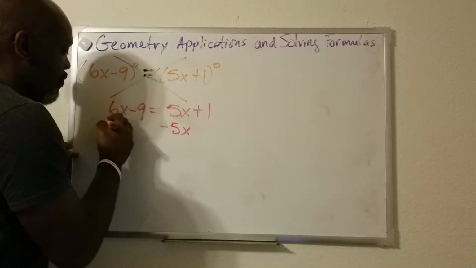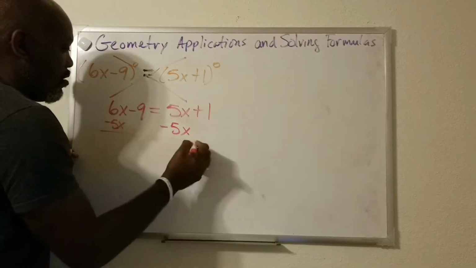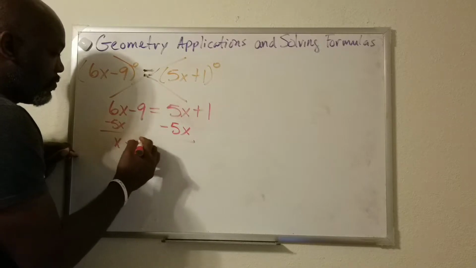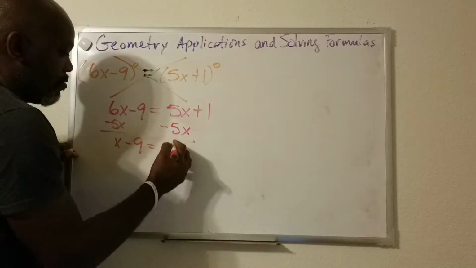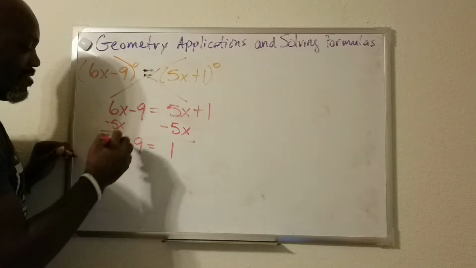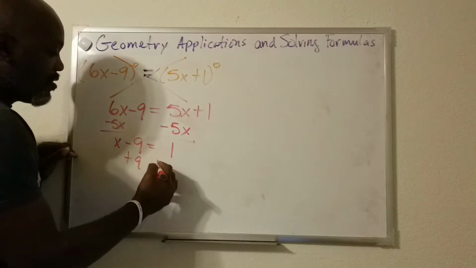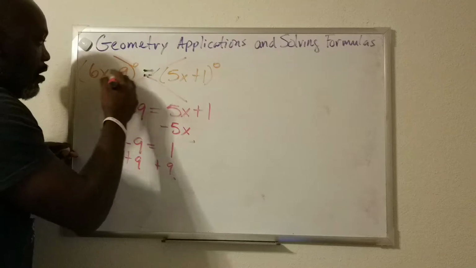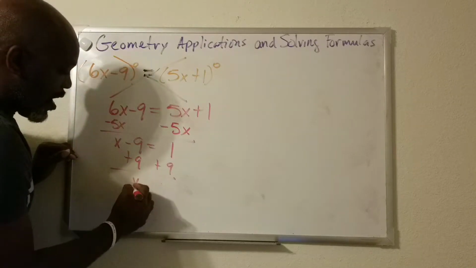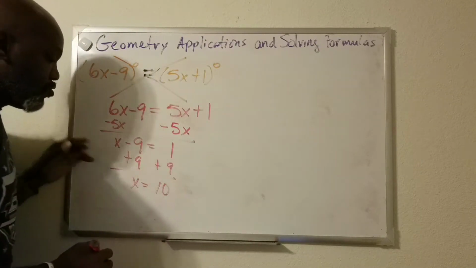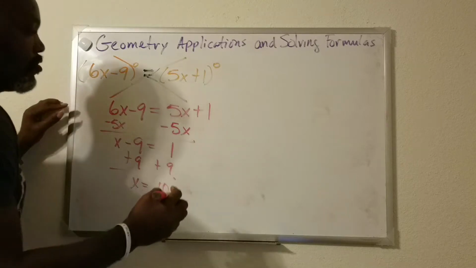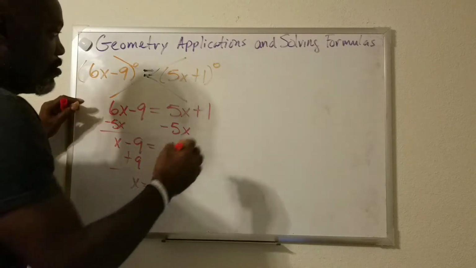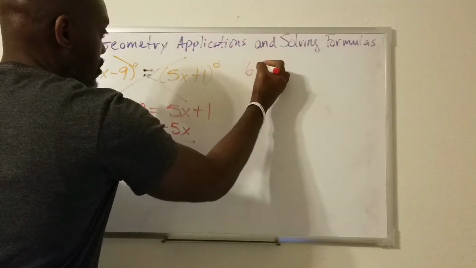We're going to subtract 5x from both sides because we want our x to be positive. Okay, and it's not asking us what x is. It's asking us what's the measurement of these angles. So x equals 10. This is true, x equals 10, but it's not what it wants to know. It wants us to plug back the 10.